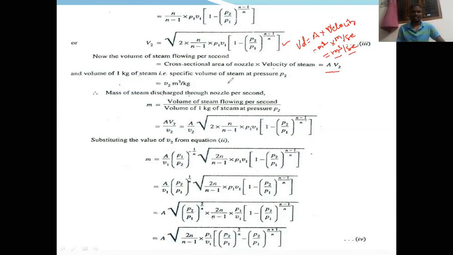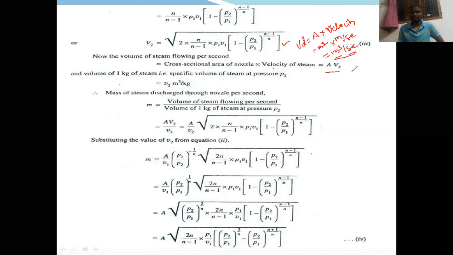For that, we are taking the specific volume of the steam at pressure 2. In order to convert this meter cube per second into kgs per second, we are taking the specific volume of steam at pressure 2, that is nothing but meter cube per kg.